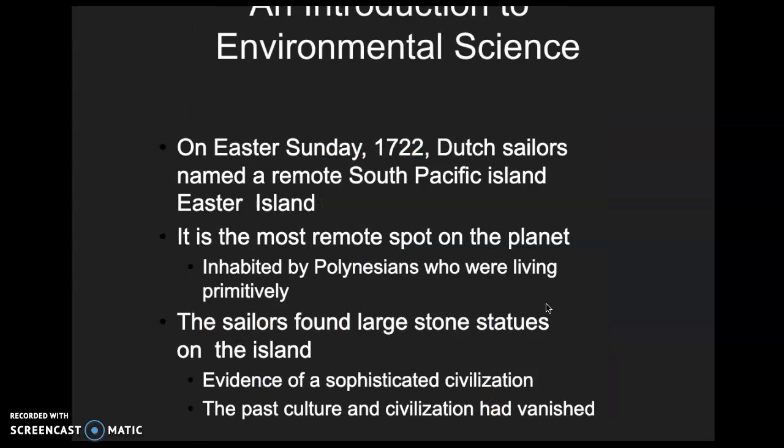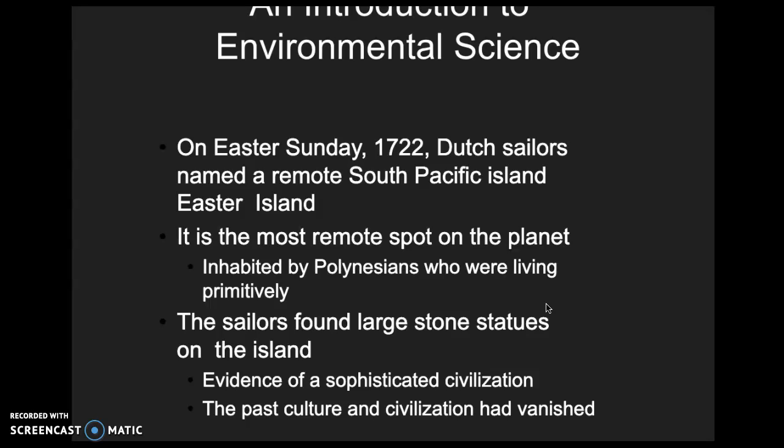So I want to introduce you to this environmental science topic based on this story. Easter Sunday, 1722, Dutch sailors named a remote South Pacific island Easter Island. It's one of the most remote places on Earth, inhabited by the Polynesians that are living there primitively.